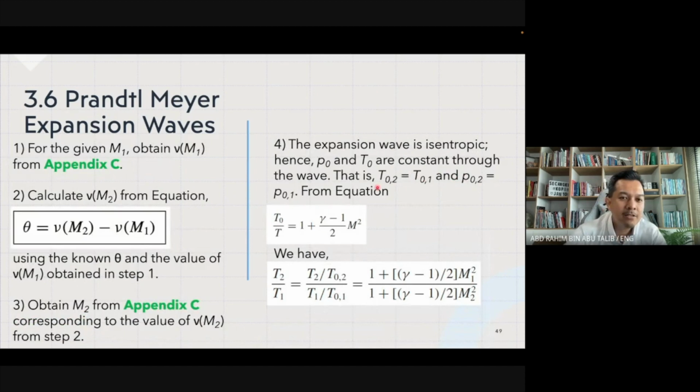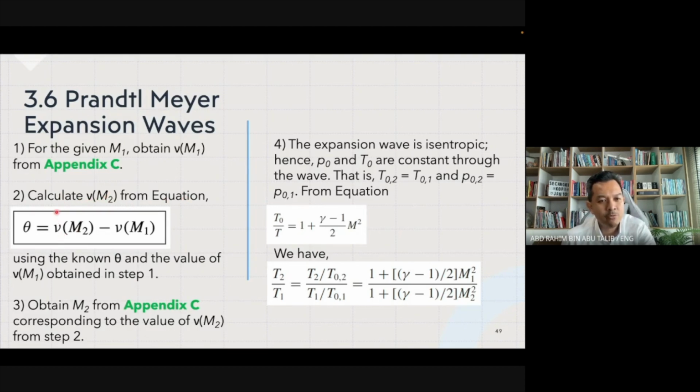So let us look into the steps proposed over here. For the given value of Mach number at region 1, we obtain the Prandtl Meyer function V of M1 from Appendix C, and calculate V of M2 from the equation.